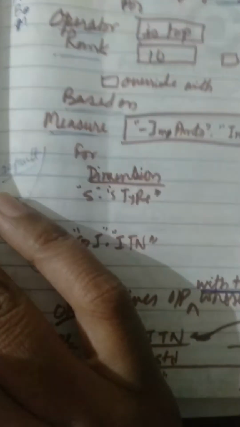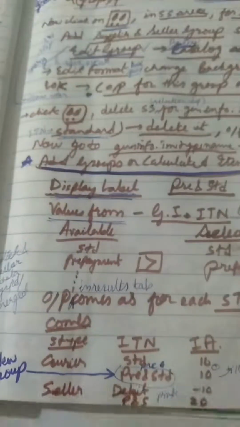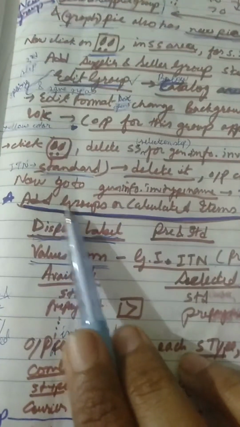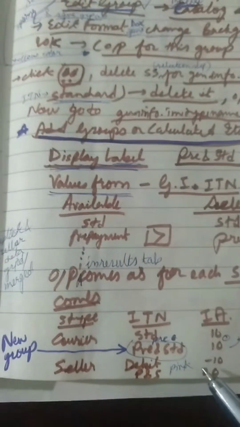This one is again for the group one, because I've taken a new group here. Sorry, this is not for the calculated one. After clicking on add groups and calculated items, I'll click on new group. This one is also for group.